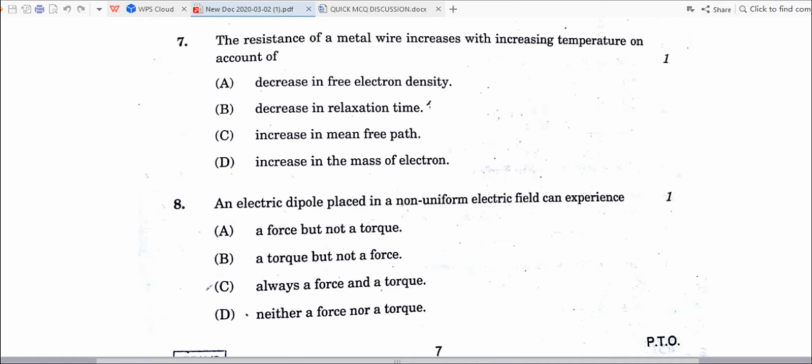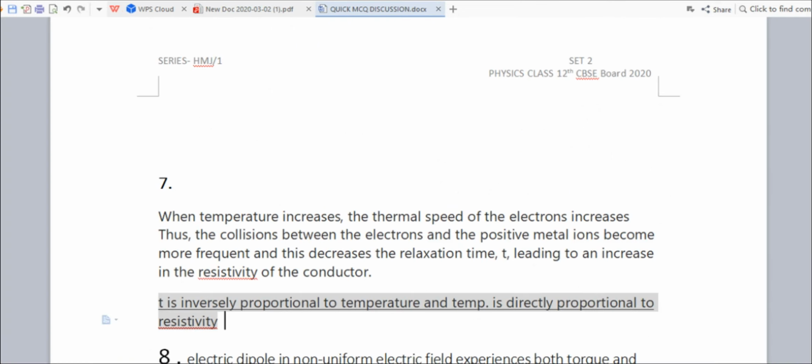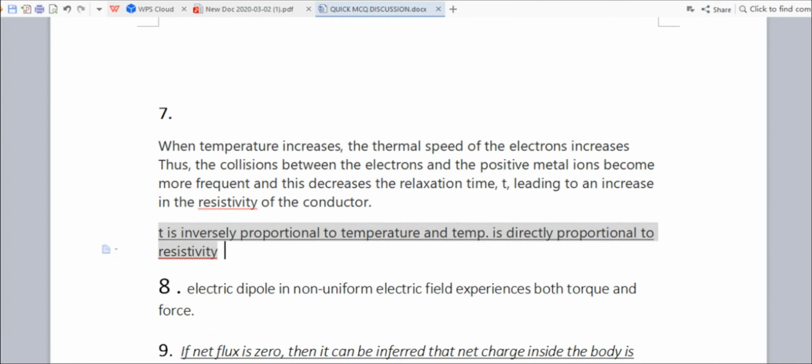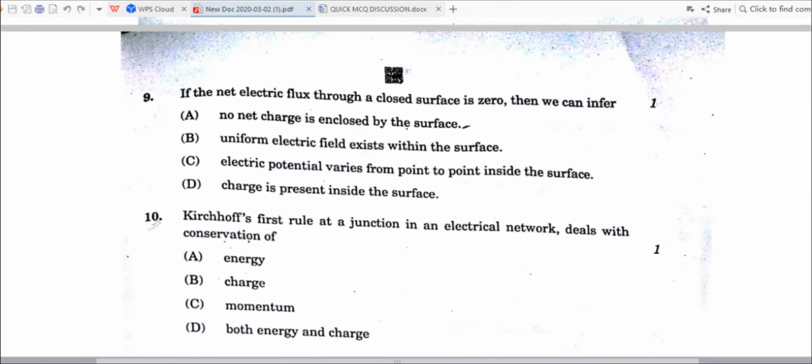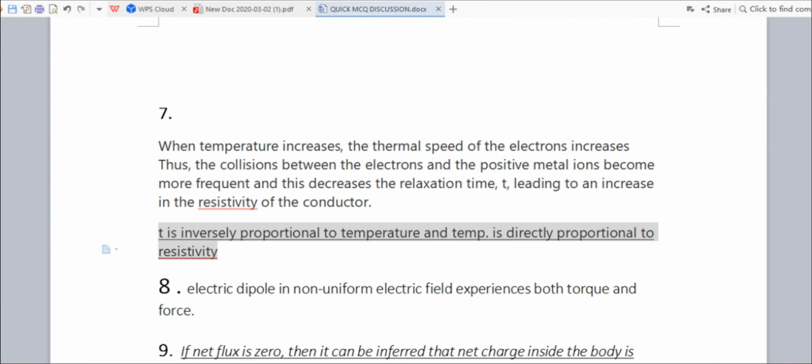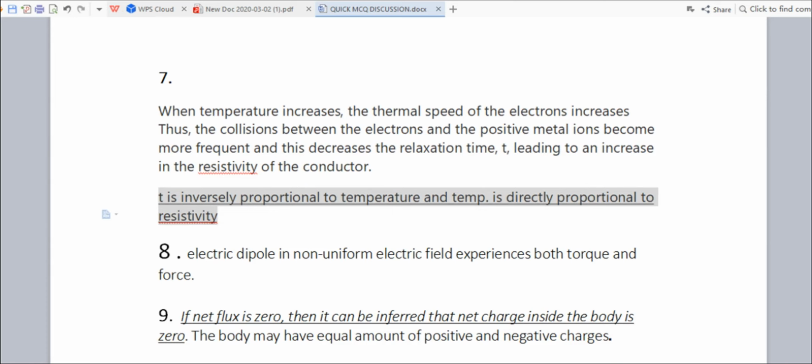8th question, an electric dipole placed in a non-uniform electric field can experience. Of course, it will always experience both torque and forces. Then question number 9, if net electric flux through a closed surface is 0, yes, charge enclosed is 0.